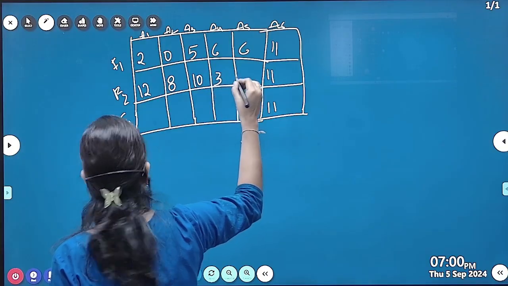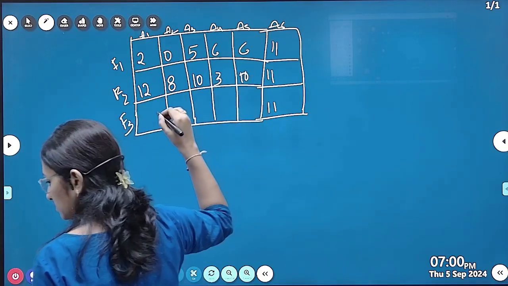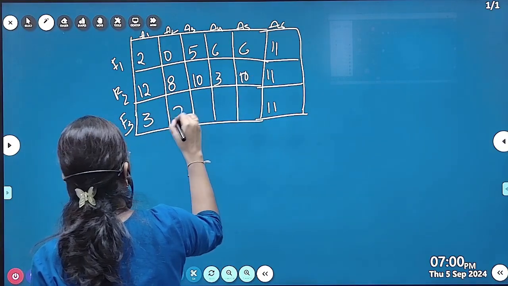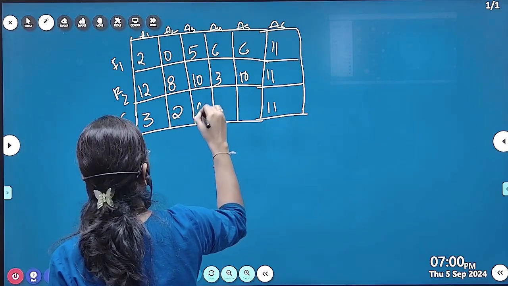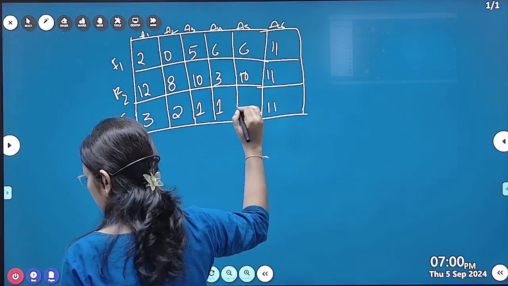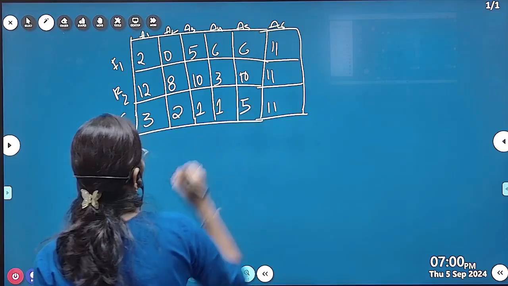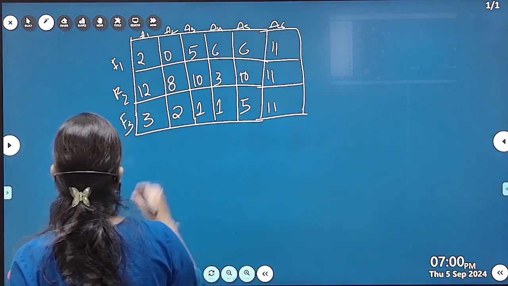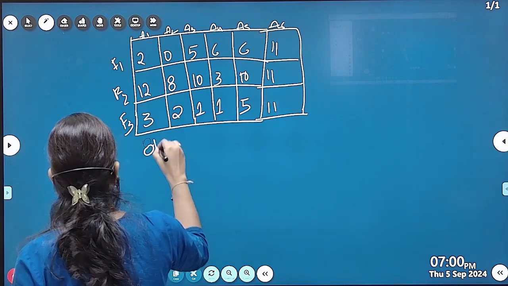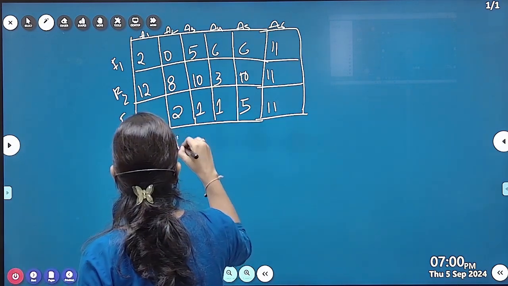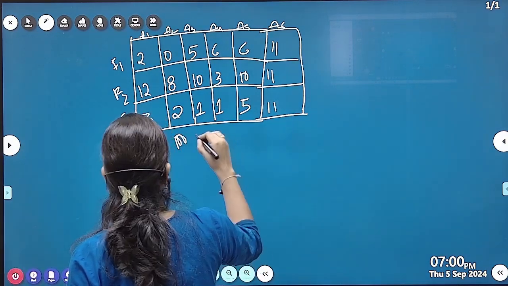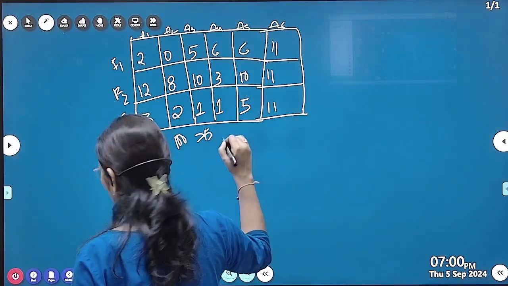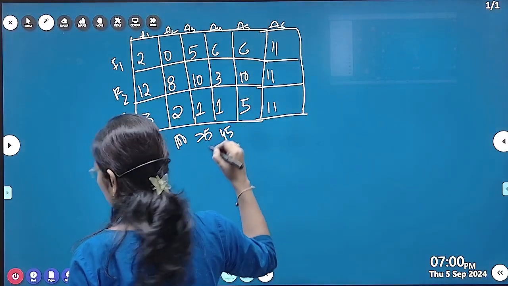Do it under Vogel's approximation method. Whenever in the question he has not mentioned the method, you need to do it under Vogel's approximation. Okay, write down that we are doing under Vogel's approximation and do it under this method.